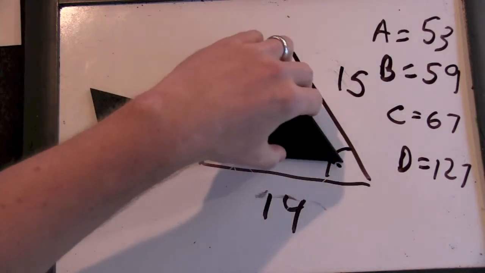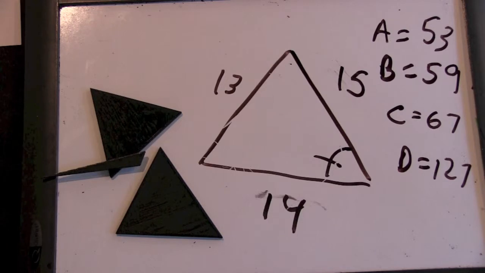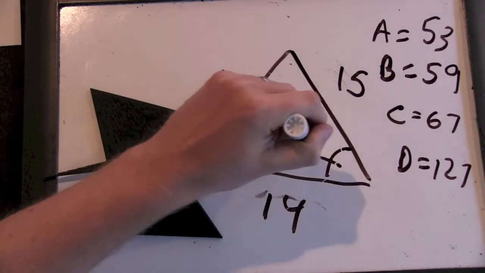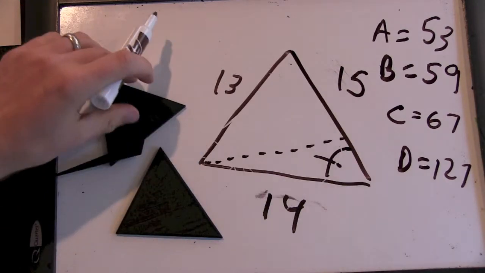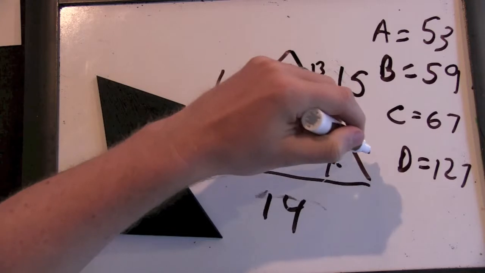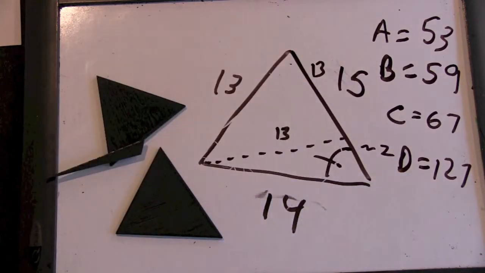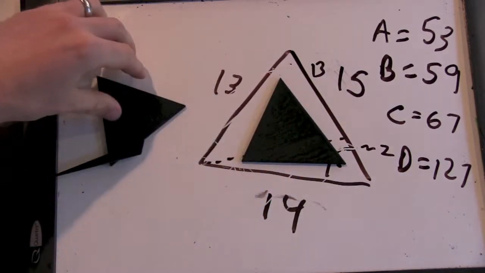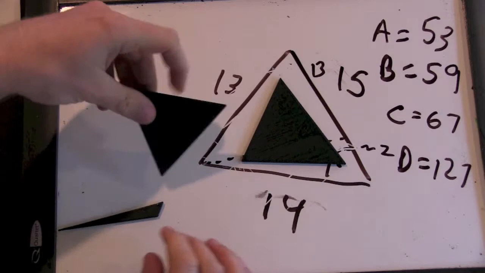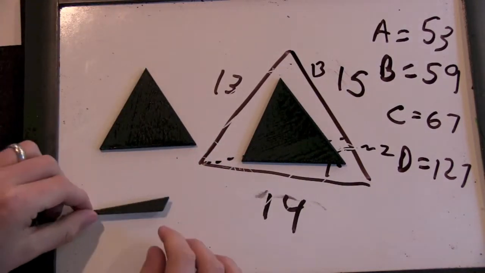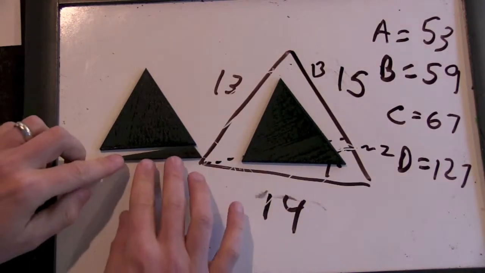He pointed out that you could draw an equilateral triangle here. So a 13, 13, 13 triangle, and have a 13, 14, approximately 2 there. And so I've 3D printed that. So here's our 13, 14, 15 triangle, and here's our 13, 13, 13 equilateral triangle. And then here's the leftover bit.